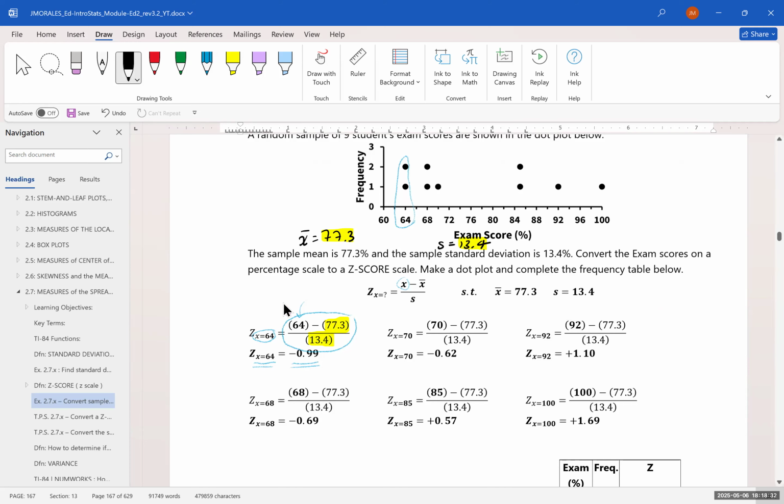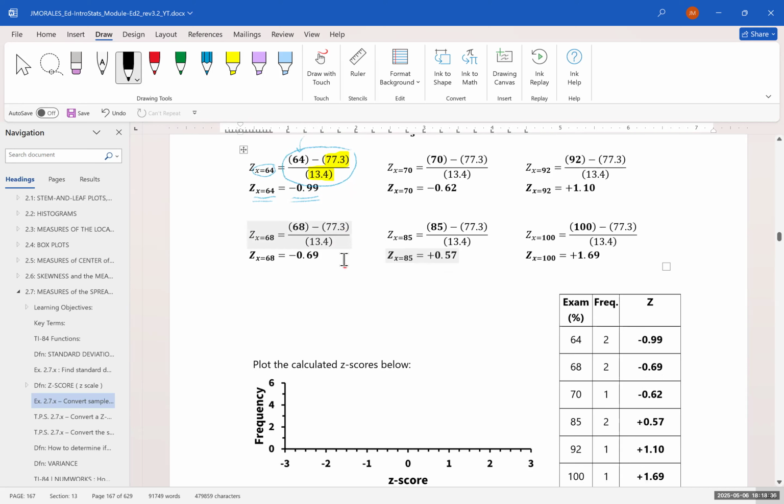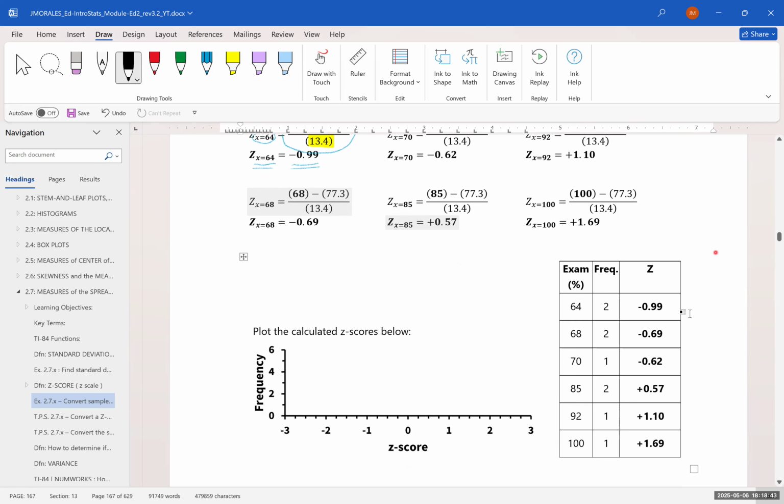All right, we've got two values on a z-score of negative 0.99. That's almost negative 1. So I'm going to plot it right here. So here's one point, and here's our second point. All right, got that one done.